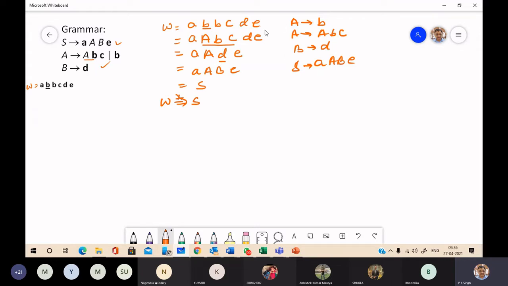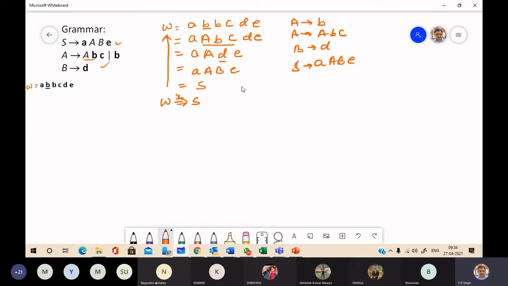So at each particular junction, these are the handles. I have also told you that if we see this parsing in reverse, then it is the rightmost derivation of the string from the start state.